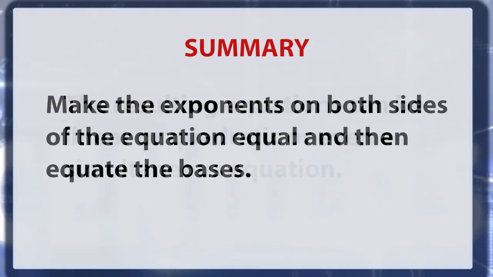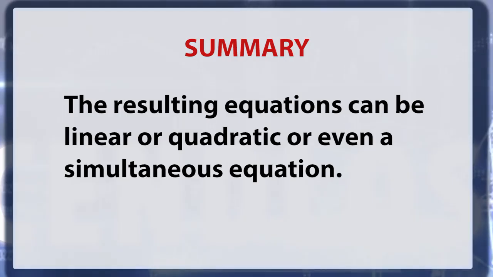We also noted that the resulting equation can either be linear or quadratic or even simultaneous equations. Now, in each case, we must apply the appropriate technique to solve the equations to find the value of our variable. This brings us to the end of our second lesson on indices.